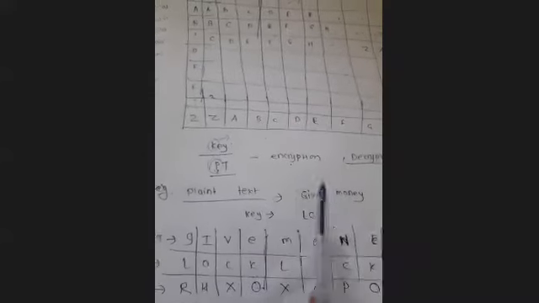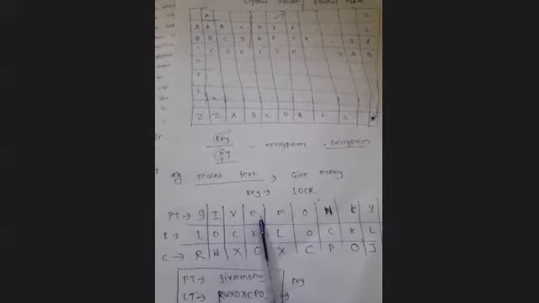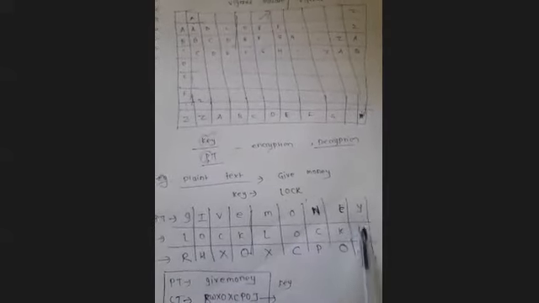Accordingly, we have solved one example where the plain text was give money and the key was lock. In this way, we have written all the letters into table form. The key lock was not matching the length of the plain text, so we repeated the letters from the key until it made the entire pair for the plain text, right?